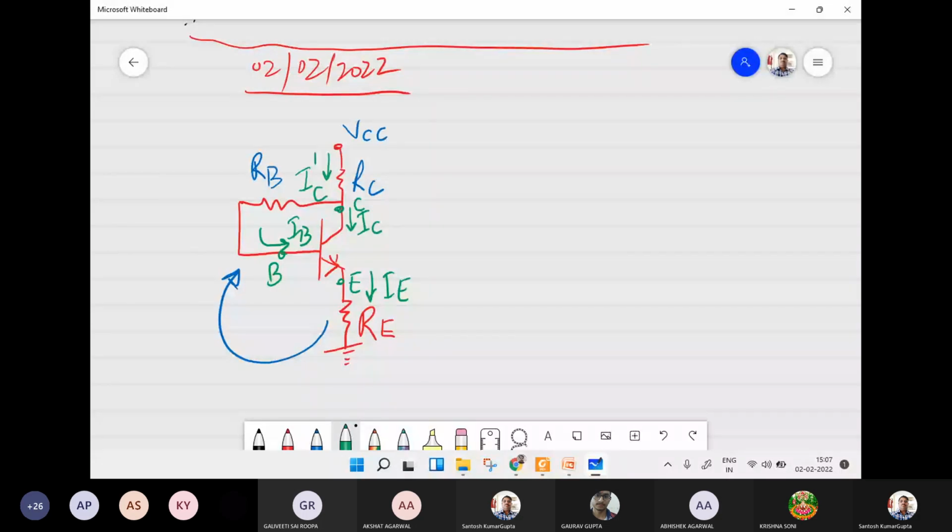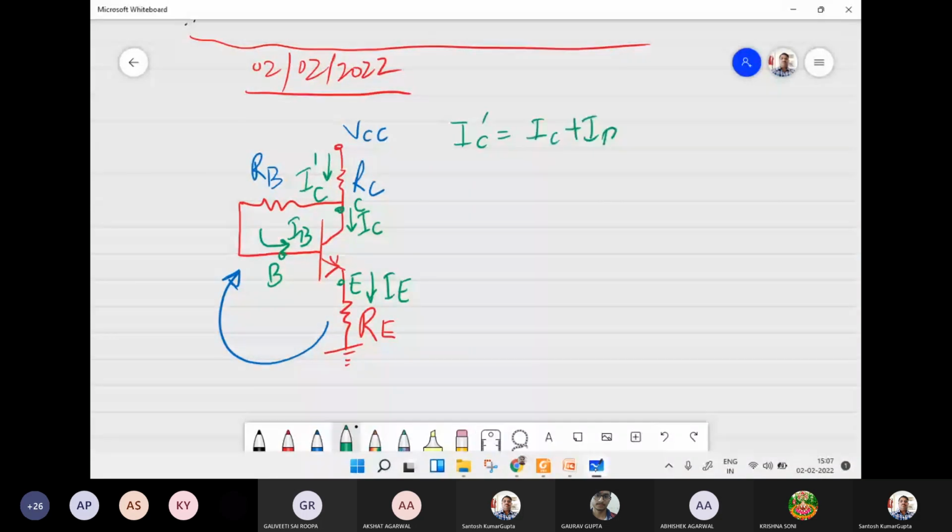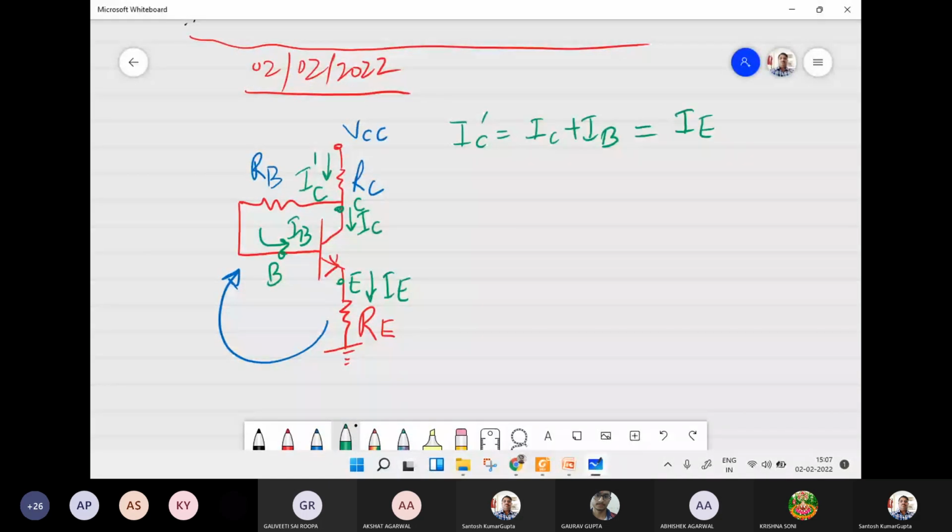Let us say this is IC dash, which is IC plus IB. IC plus IB is nothing but IE, so the current flowing through RC is nothing but IE.